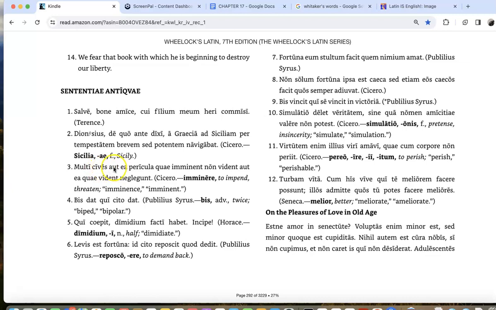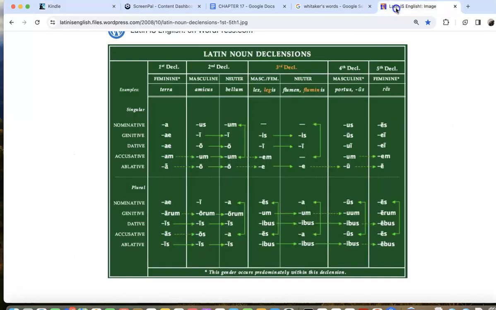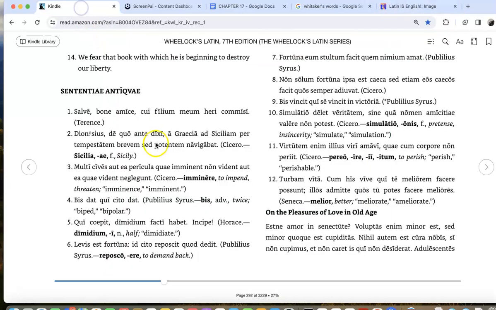But many citizens either do not see, non vident, will see what? Those dangers. That is second declension neuter plural ending in a. So there's the accusative plural for the plural accusative direct object.